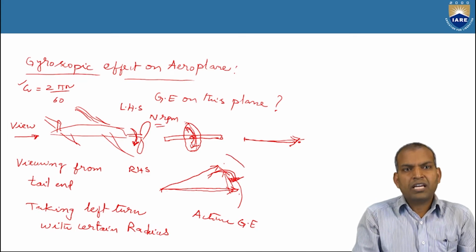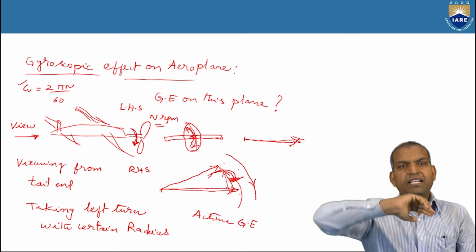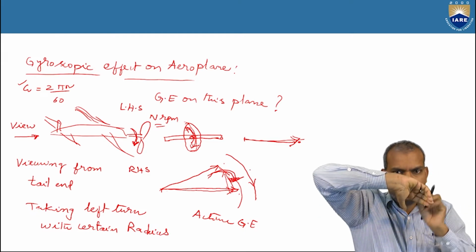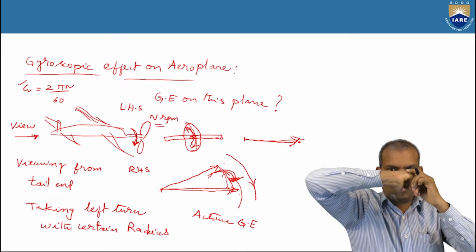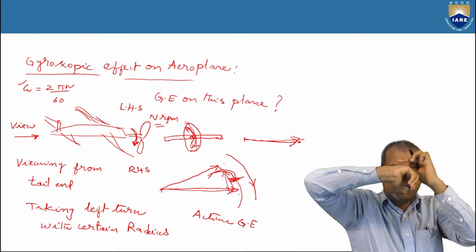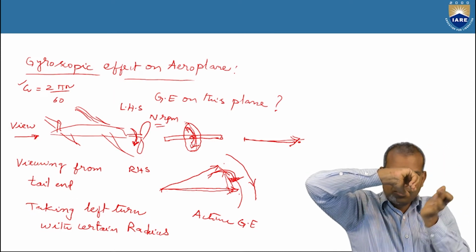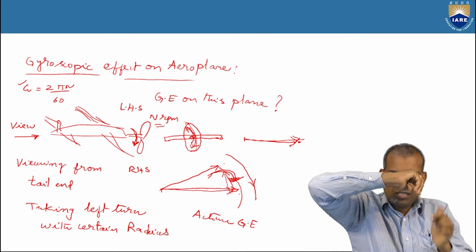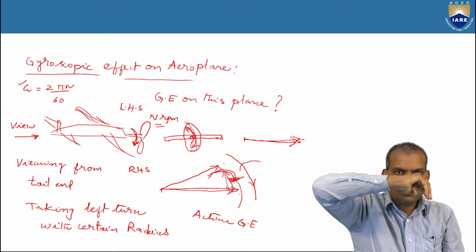What about the reactive gyroscopic effect? The reaction will be opposite to the direction of the active vector. Now keep the thumb in the downward direction. The folding fingers represent the reactive gyroscopic effect.